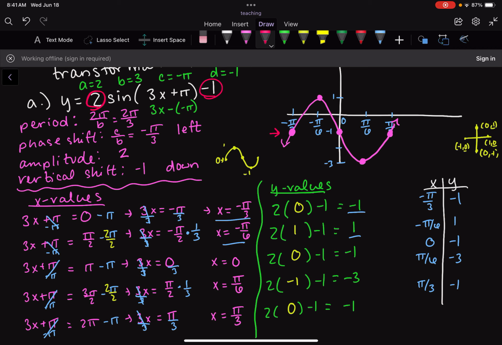So that means that the peaks should go up and down by a factor of 2 from the middle. So what I mean by that is negative 1 to positive 1 is 2. Negative 1 to negative 3 is 2. So we should see those transformations happen while we graph. And it can just help you have a full understanding.